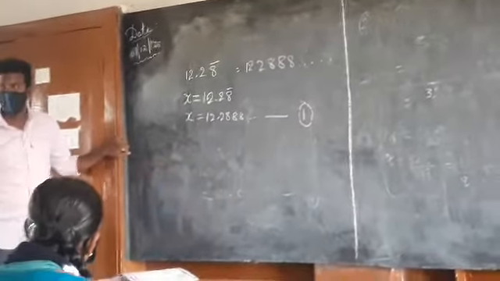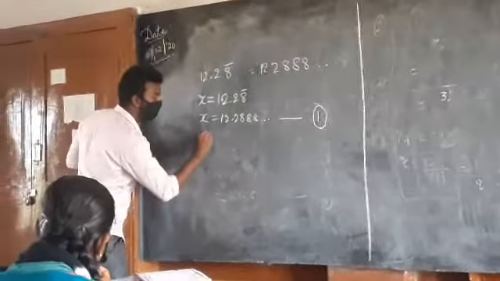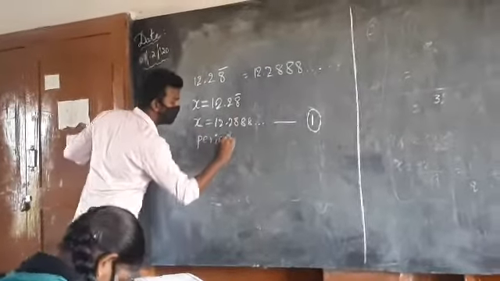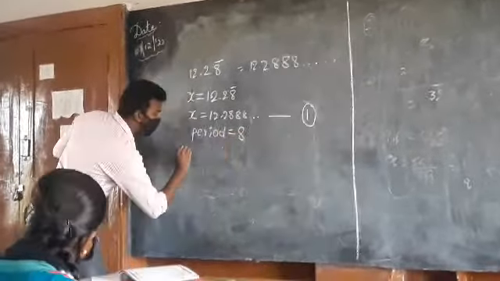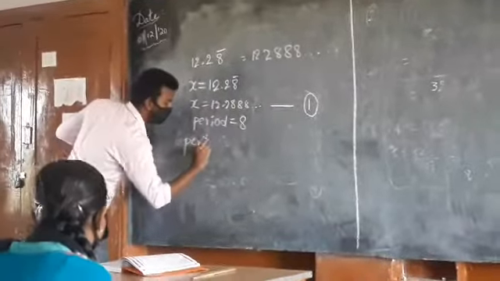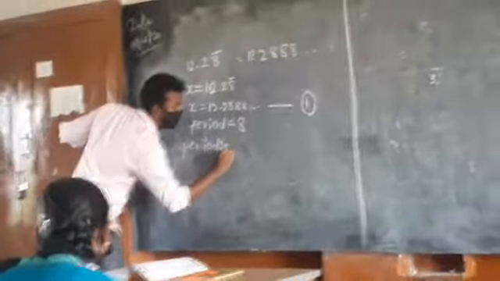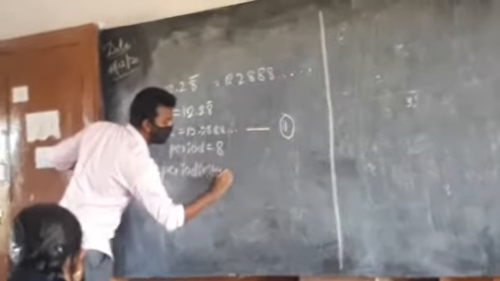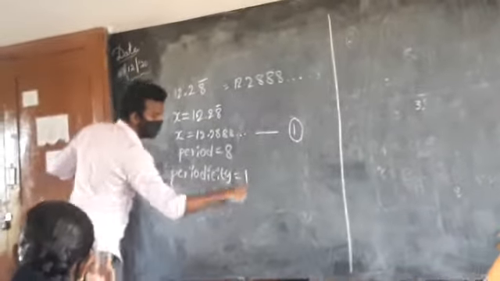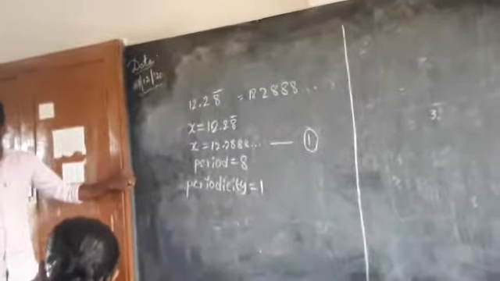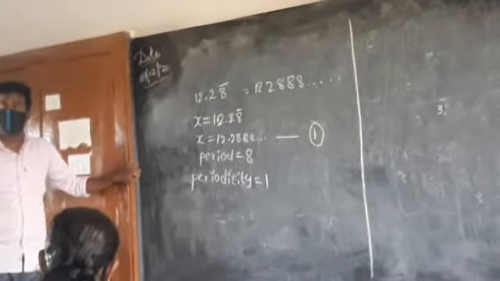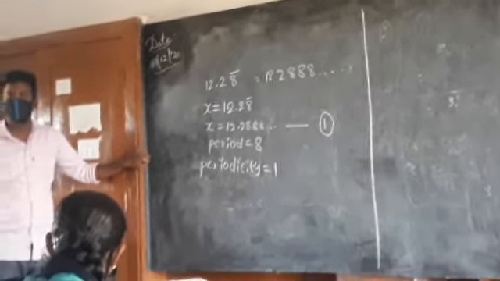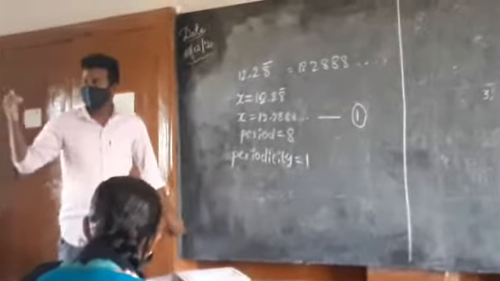So what is the period here? 8. Very good. What is the periodicity? 1. As there is only one number repeating, the periodicity is 1. So what you are going to do is multiply with tens or hundreds or lakhs. Which number should be taken?